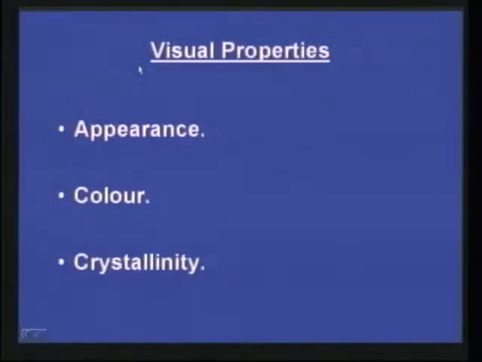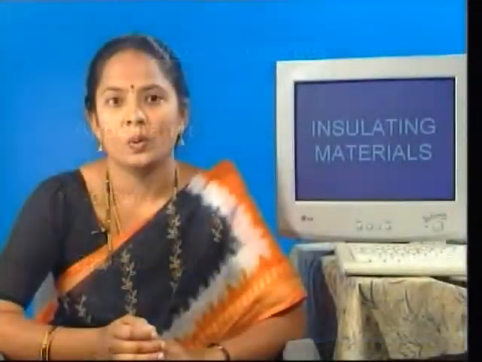Now we look into the visual properties of insulating material. The visual properties of insulating material are appearance, color and its crystallinity. Now we look into the mechanical properties of insulating materials.